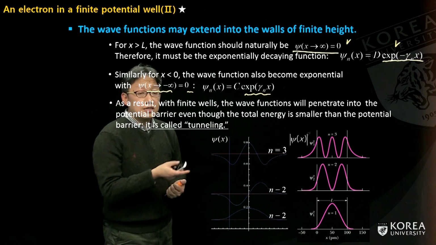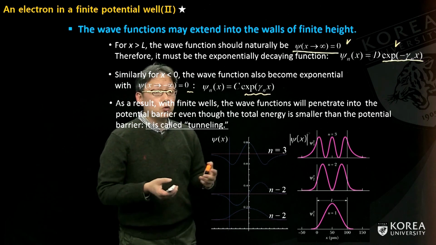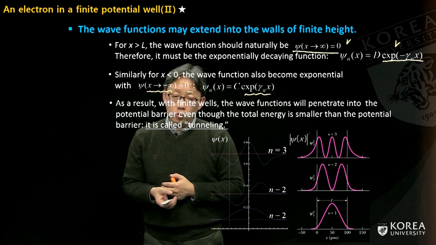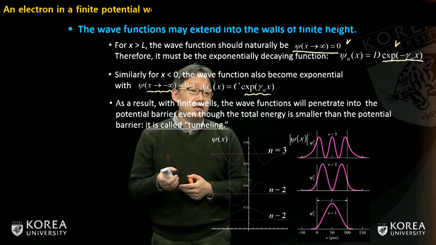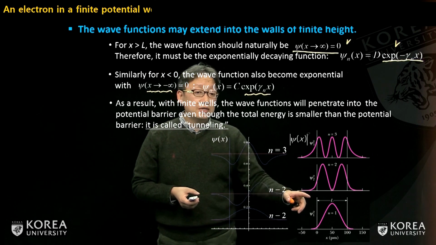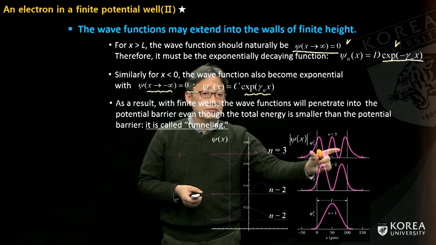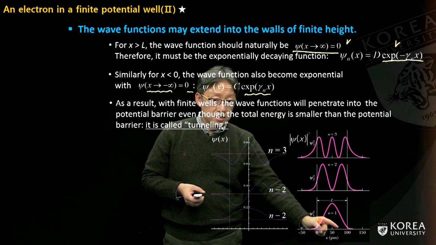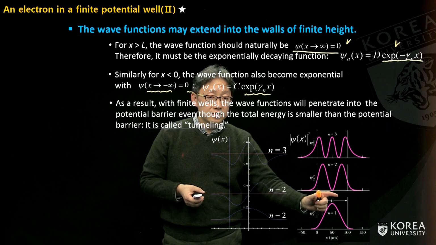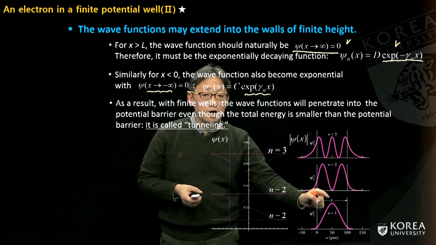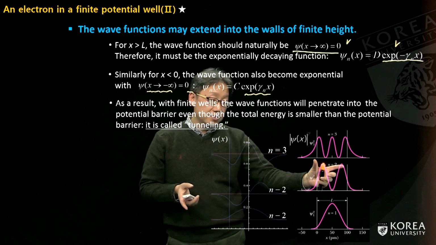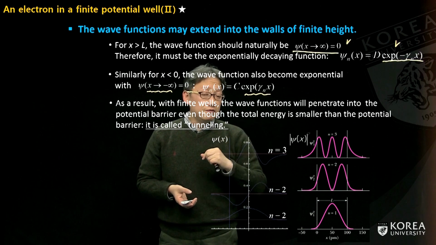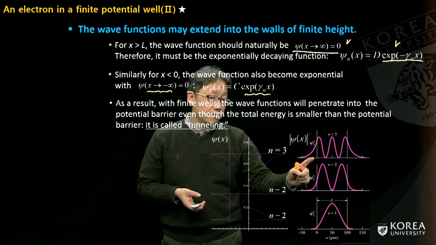And they will look like this. Now, try to compare this with the solutions that you have obtained from the case of the infinite potential well. You see that in this area here, they look similar. This is almost a half wave of a sine function, and this is almost one wavelength of the sine function. But in the infinite potential case, there was a confinement principle.